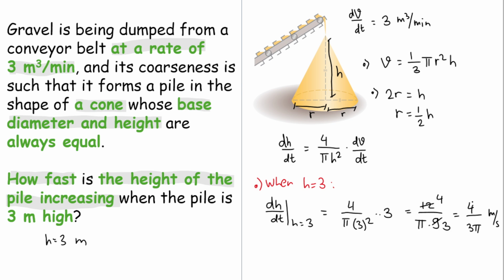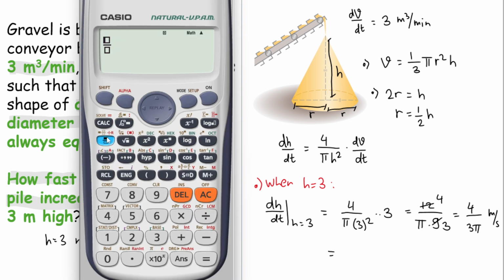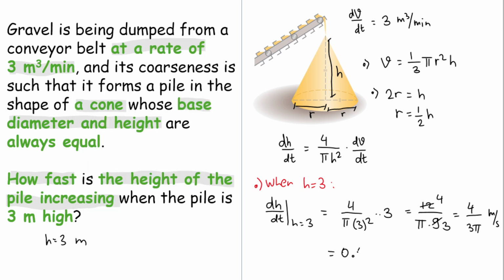However, I want to get the decimal value of this one, so let's plug this into the calculator. So we will have the fraction 4 divided by 3 multiplied by pi, and I will have 0.424. The unit here will be meter per minute, and that is approximately so.